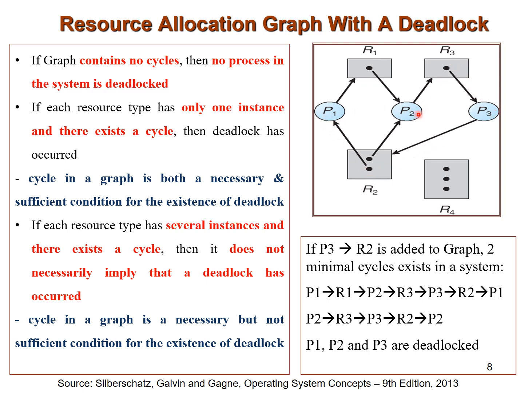Starting from P2: P2, R3, P3, R2, P2. This is again a cycle. Now I can say these processes P1, P2, P3 are deadlocked in this case.